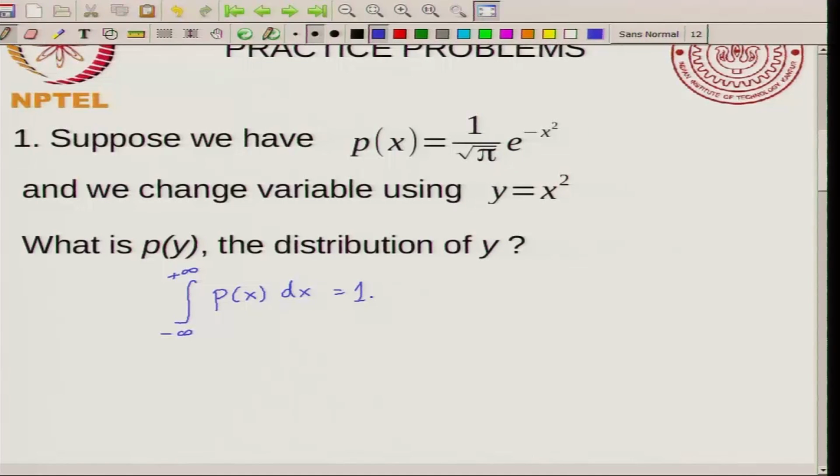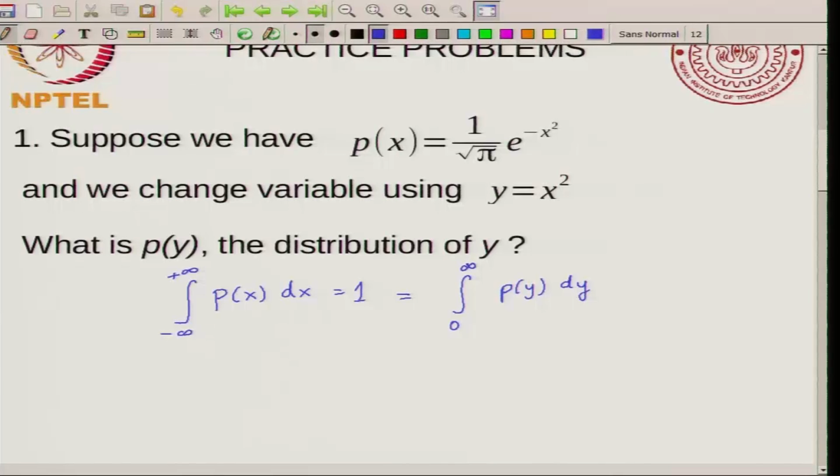And so, if you change the variable to y, you would also have integral p of y dy over the range of y equal to 1. Since y is x square, y has to be positive, so it will be 0 to infinity.